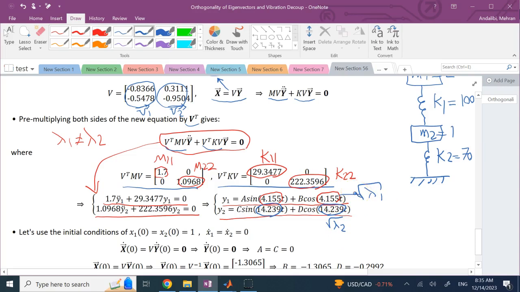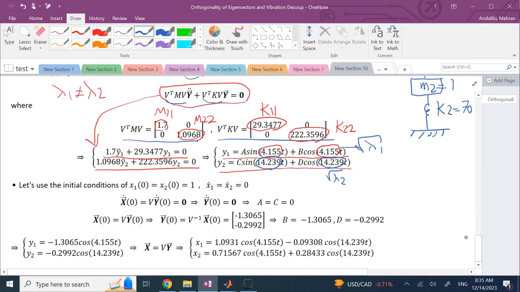Okay? Now, how do we find all of these four constants? Well, remember last time we started from 0 initial velocities, and for initial condition we tried different scenarios. The one that had the mixture of both frequencies in it was 1 and 1 for both x10 and x20, the last scenario we checked in the MATLAB file. So we're going to look at this, right? In this case, vector x dot at time 0, and remember this vector x is x1 and x2.